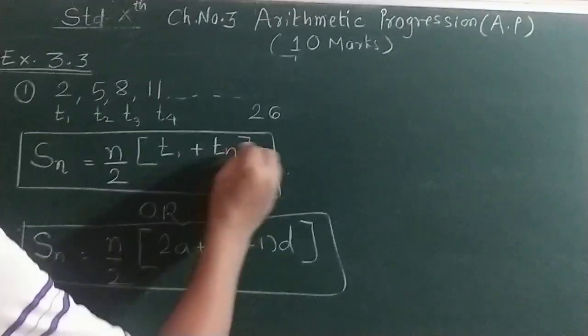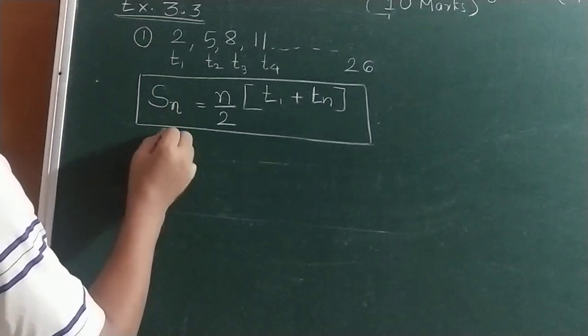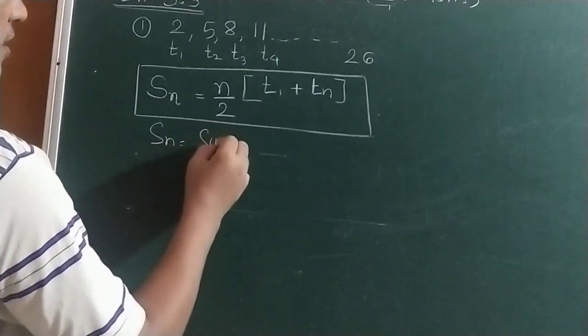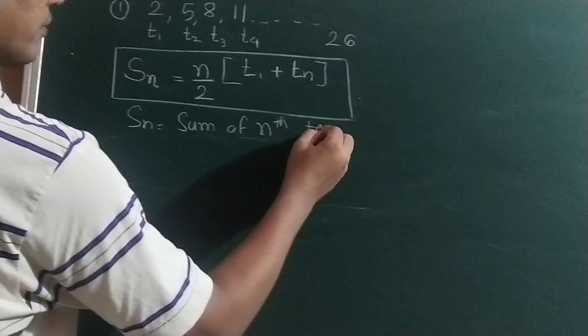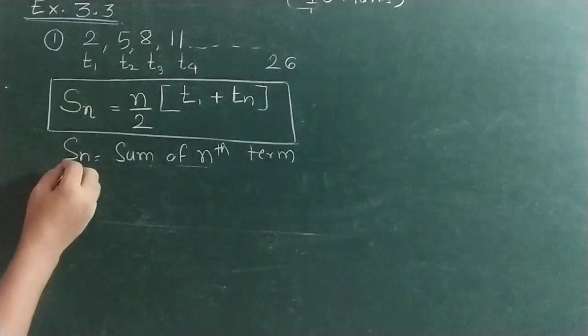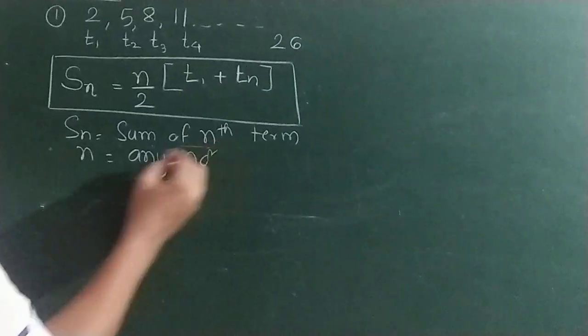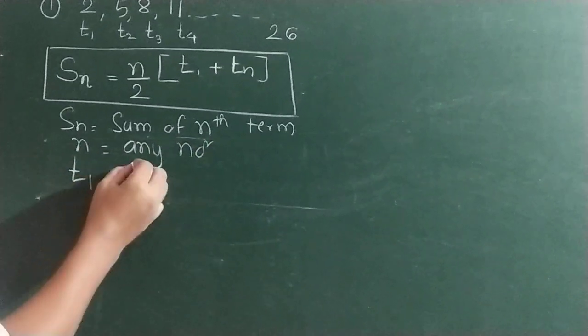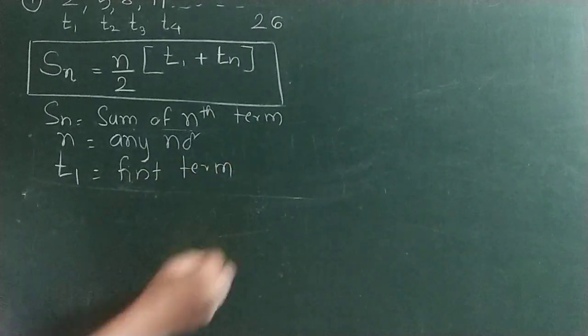So I can write here: Sn means sum of n terms. N means any number. T1 is equal to the first term.